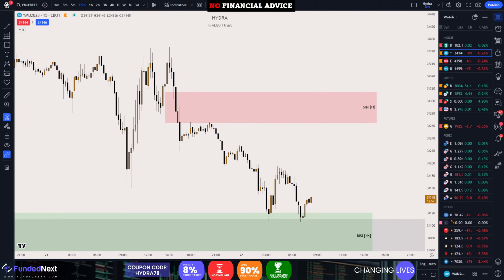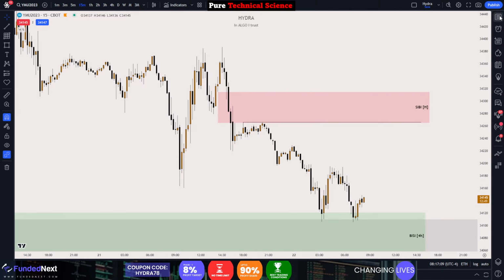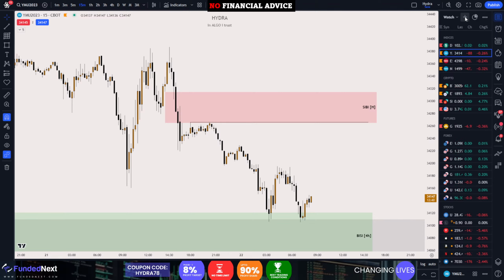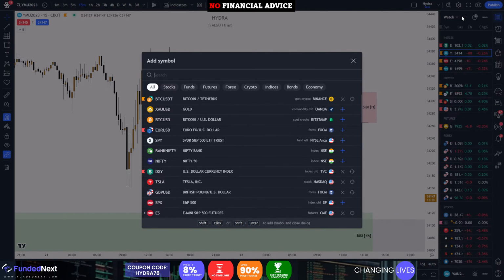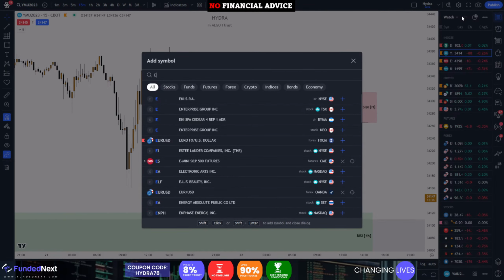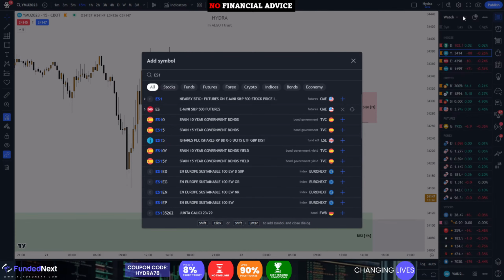Apple Junior is asking how to find S&P 500 in TradingView. You don't know that? Okay. You go to the left section in your TradingView chart. You tap into this section that goes by the watch list, details and news. You tap here, then there's a plus icon. You tap here, then you type ES1.